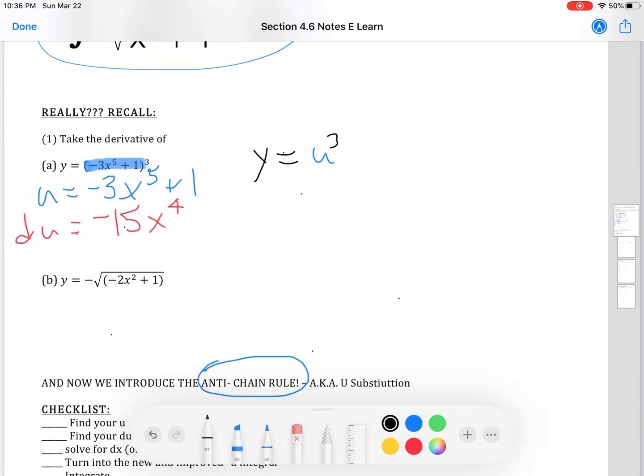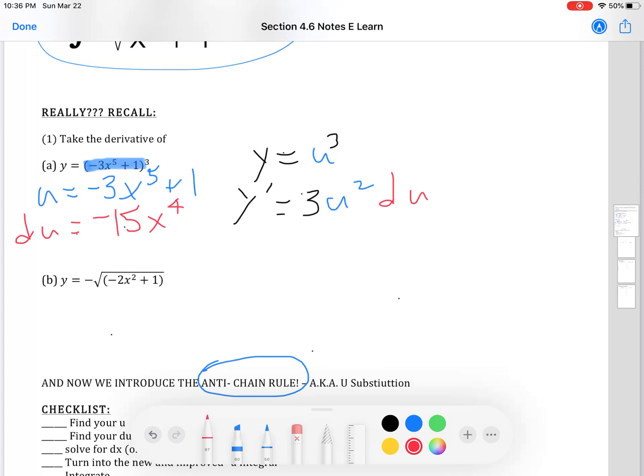And when we took the derivative, what we did, we wrote y prime is equal to 3u squared, and then we included a du at the end.